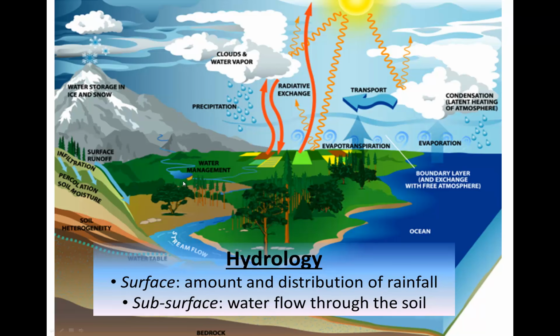There are divisions within hydrology. Surface hydrology is focused more on the flow and movement of water above the ground level, and subsurface hydrology would be the study of water's movement through and underneath the soil surface.